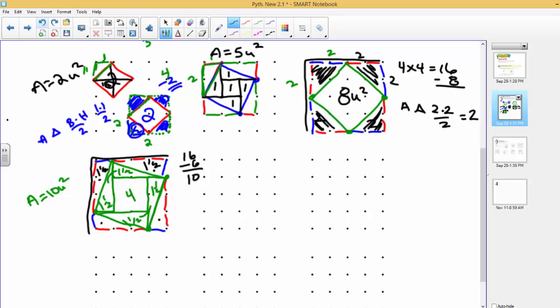So we have the 1 by 1, the 1 by 2, the 1 by 3, and a 1 by 4 will also fit. Oh, I guess it won't, will it?